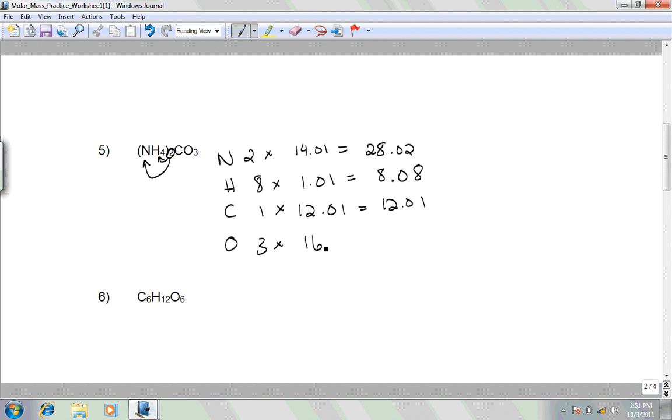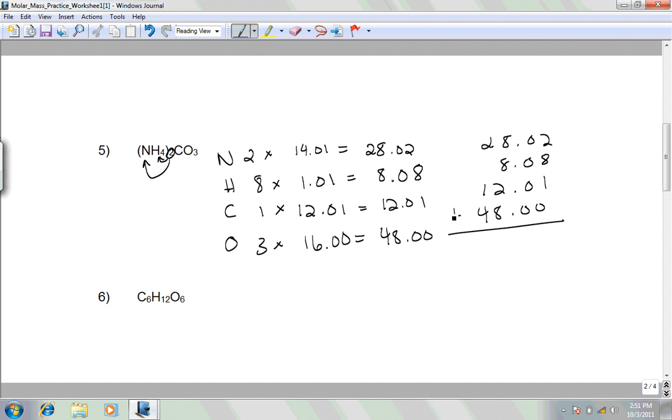And oxygen is 16.00, which then comes out to be 48.00. We're going to add these amounts together. And that comes out to be 96.11.